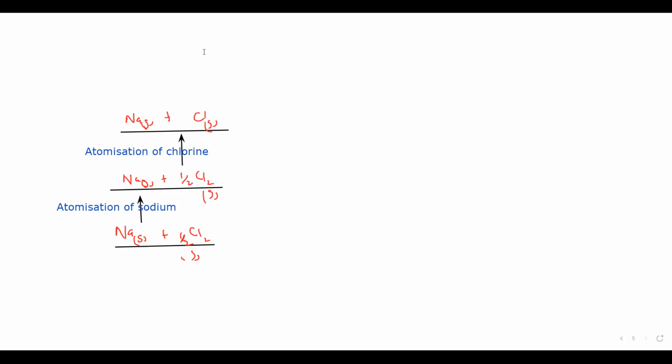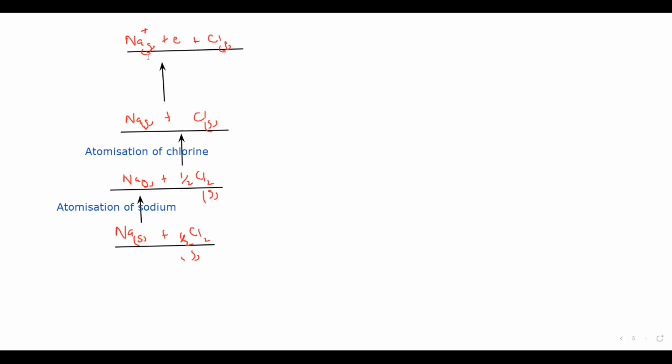Then we remove the electron from sodium. So the sodium atom in a gaseous state turns into a sodium ion, and there is already a chloride ion in a gaseous state.